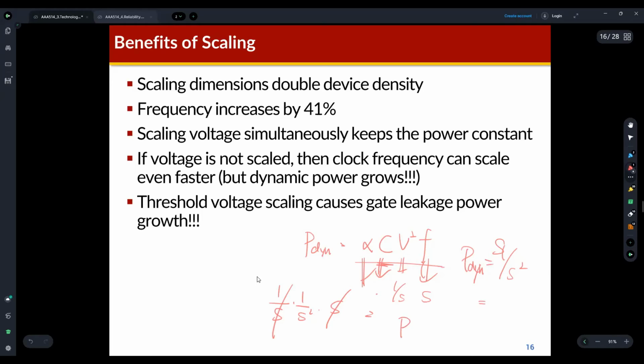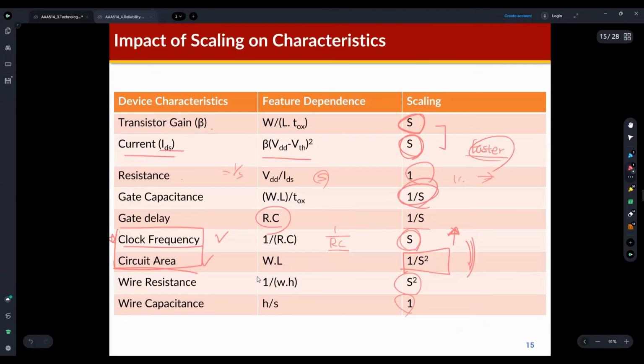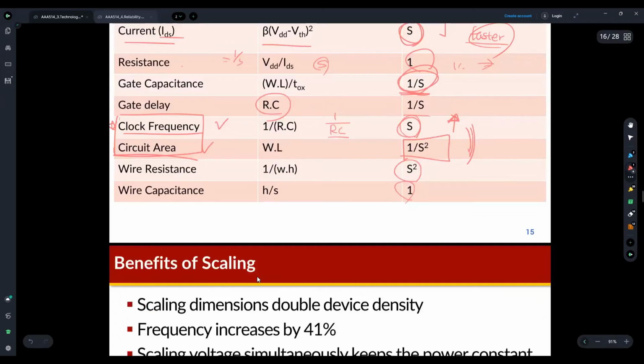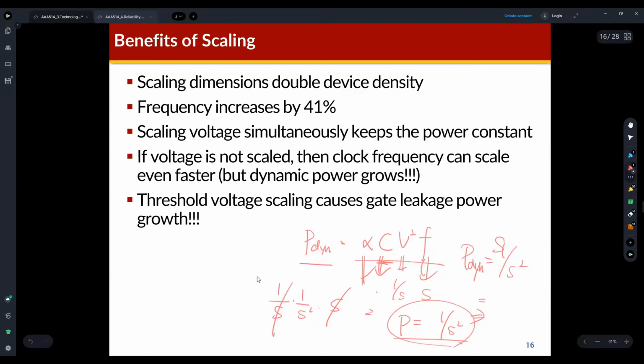Actually, with the simple estimation, the P dynamic power becomes 1/S squared. And this is the dynamic power of the single transistor, because with the single transistor, this gate capacitance is reduced. Okay, so I just talked about the dynamic power of the single transistor.